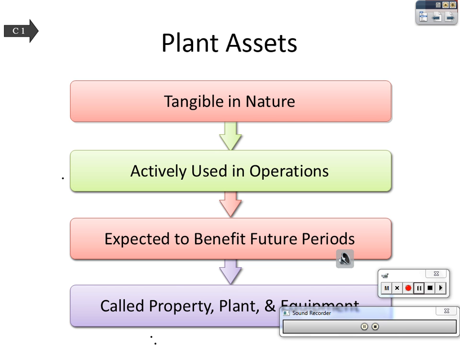Why? Because it's going to last beyond how long? 1 year, and also it's going to be used for future benefits and operations, and it also can be what? Tangible or touch.